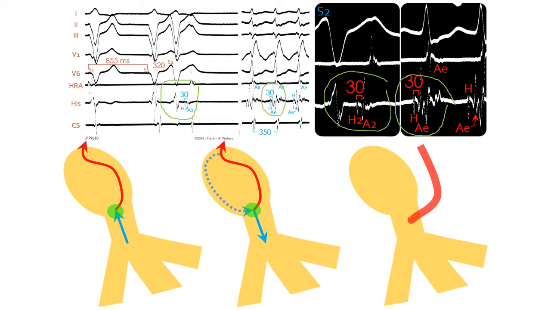This is not consistent with an AV reciprocating tachycardia using anterogradely a slow AV nodal pathway and retrogradely a fast pathway, but is more compatible with a reentry mechanism that uses the AV node in the anterograde direction and then the Atrio-hisian bypass tract retrogradely.